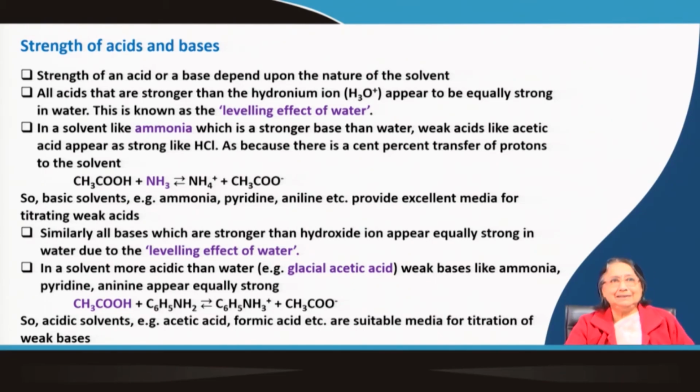But here just remember that acidic solvents like acetic acid and formic acid could be used as suitable media for titrating weak bases, because titration of a weak base or weak acid is difficult. That is why you can make a weak base strong, or a weak acid strong, if you properly select the solvent.